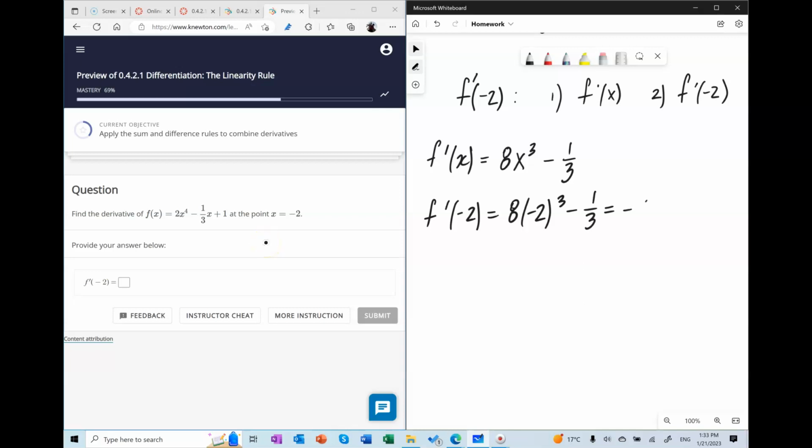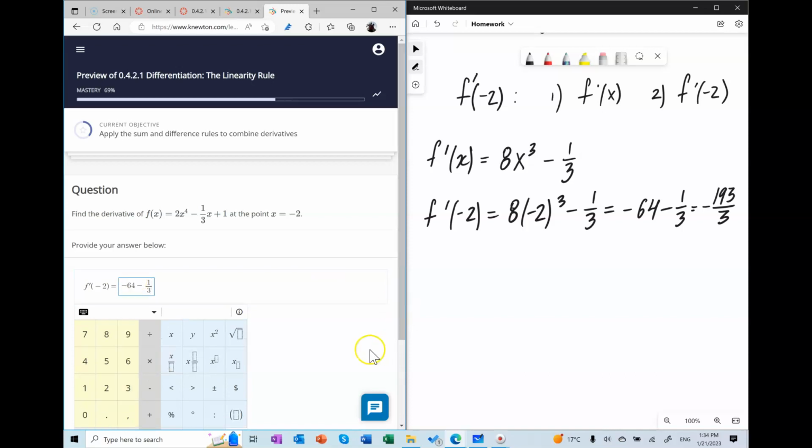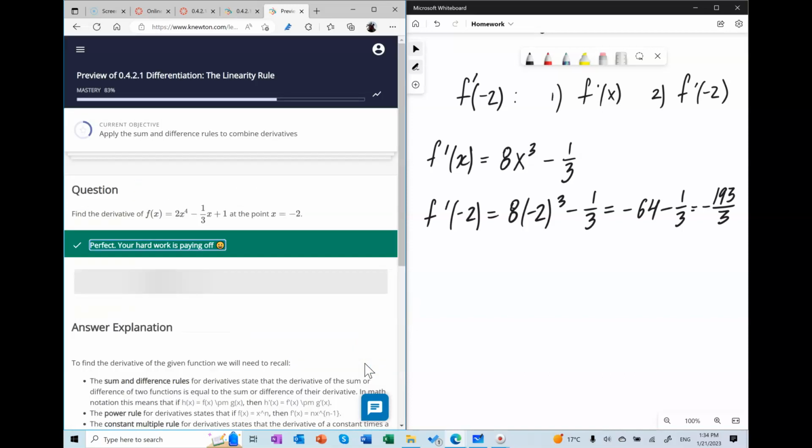So in this case we have negative 64 minus 1/3, and I don't like, this is like a common denominator thing. It probably would have accepted if we just write negative 64 minus 1/3. I'm sure it will accept it.